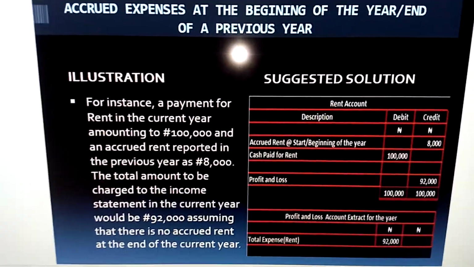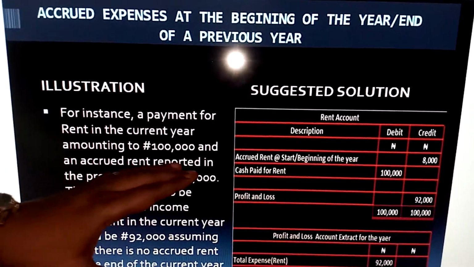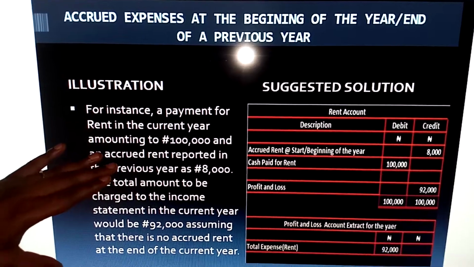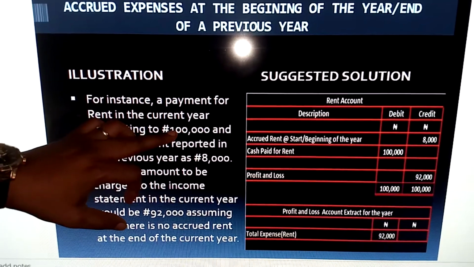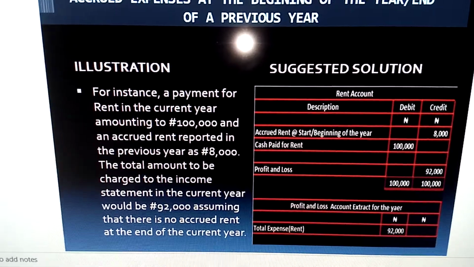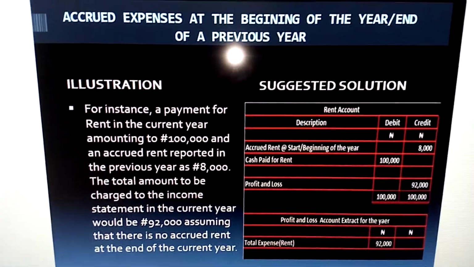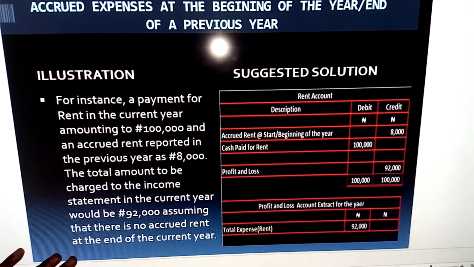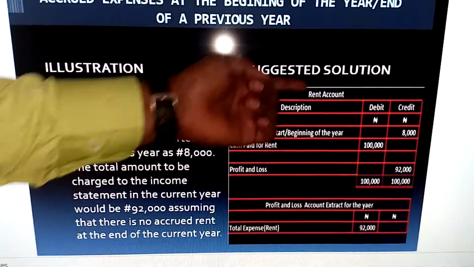Now, this is how it looks like. We already said there was a payment for rent in the current year to the tune of 100,000, and they told us that there is an accrued rent reported in the beginning of the year, in the previous year, to be 8,000, but there's none in the current year. So you can see the rent account here.